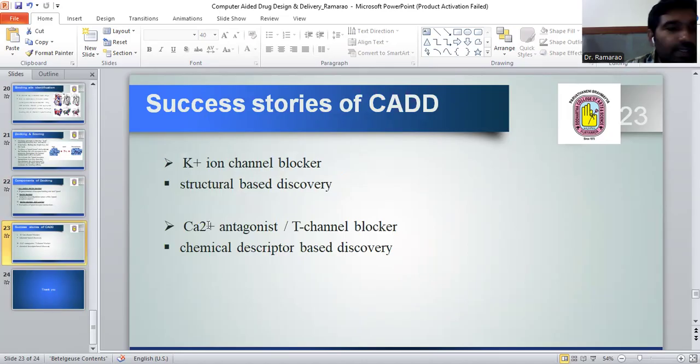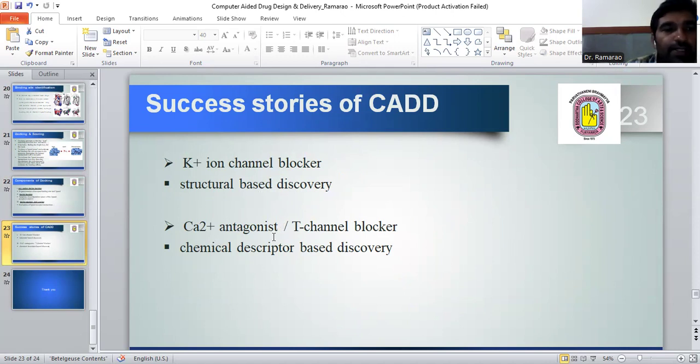Now, major success stories of CADD are the K plus ion channel blocker, structure-based drug discovery, and the Ca plus 2 antagonist, calcium channel blocker, chemical descriptor-based discovery. The major applications of computer-aided drug design: it is a cost-effective, time-saving, rapid, automatic process.